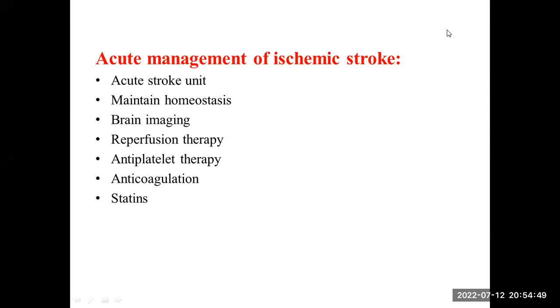Another example of the factors which should be controlled is the blood glucose in patients with ischemic stroke. A lot of patients with ischemic stroke might be diabetics, because diabetes is one of the major risk factors for strokes. So you need to control the blood glucose in the acute setting and keep it within the normal acceptable range, because both hyperglycemia and hypoglycemia are dangerous to the brain tissue.